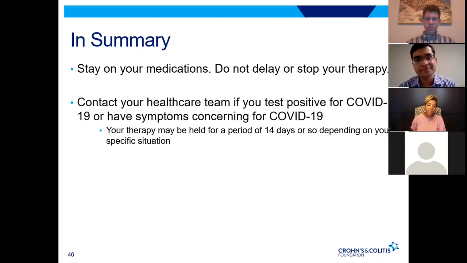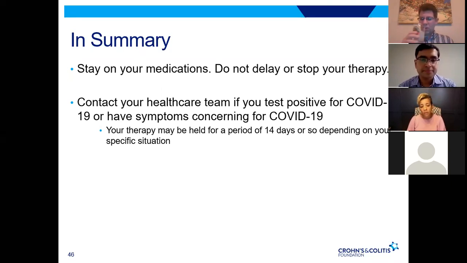So if you have been exposed to someone with SARS-CoV-2, we know that if you are going to go on to develop COVID-19, you most likely will develop those symptoms within a period of 14 days. In fact, most patients will develop those symptoms within 5 days, but 14 days is a safe enough marker to say that if you haven't developed symptoms at that point, you likely will not develop symptoms and you're safe to continue with your medications.